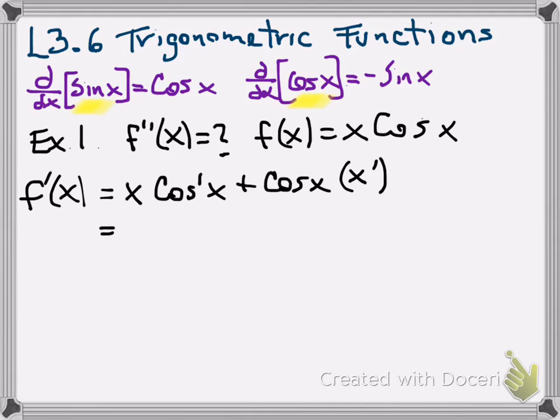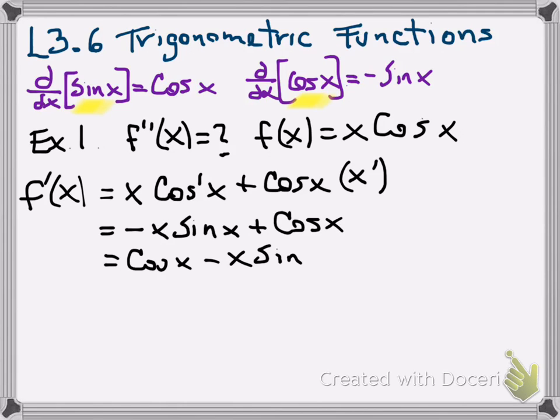The derivative of cosine has a negative sign, so negative x sine of x. The derivative of x equals 1, so plus cosine of x. And that's the answer for the first derivative: cosine of x minus x sine of x.